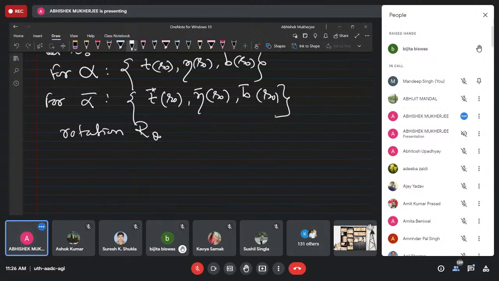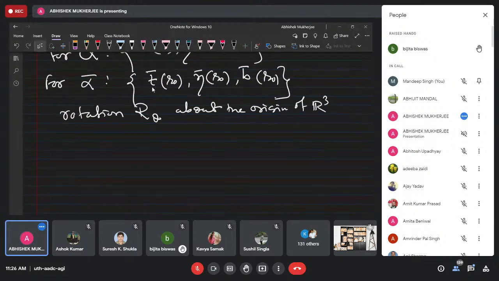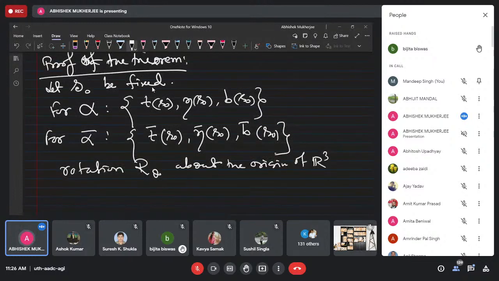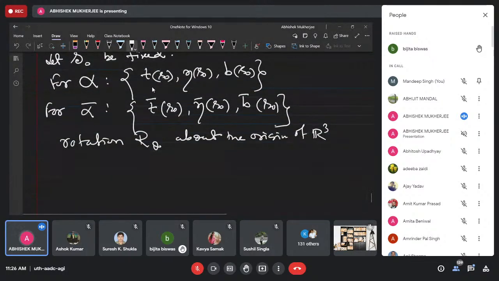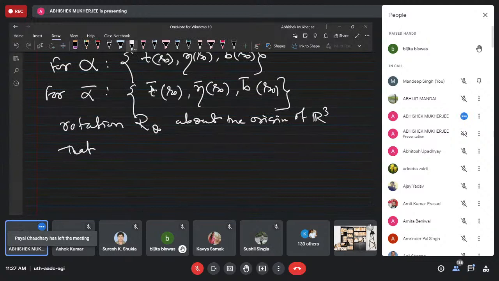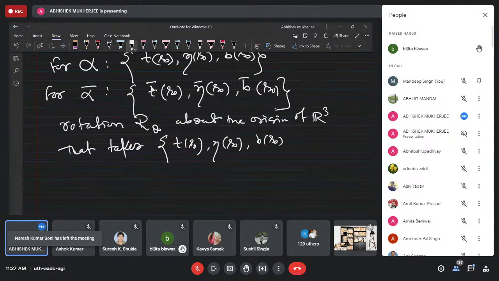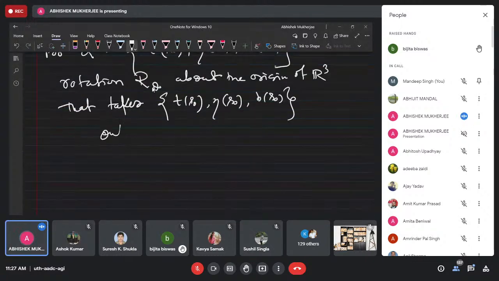So this is a rotation theta about the origin of R3, which takes the basis T(s naught), eta(s naught), B(s naught) onto T bar(s naught), eta bar(s naught), B bar(s naught).